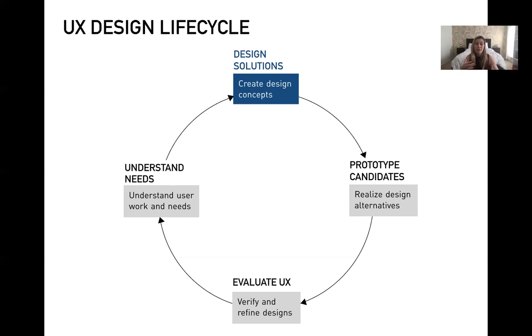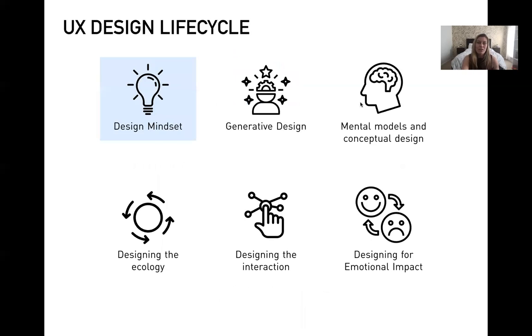You want to verify that those designs are good. You want to refine what is not good about them. And then you repeat that process all over again with going back to re-understanding your users, seeing what's changed over time, and then going through the cycle again. So it's a very iterative process, and that's really a fundamental part of working in an agile environment as well, which is the perspective that I take with UX design in all of these webinars and things.